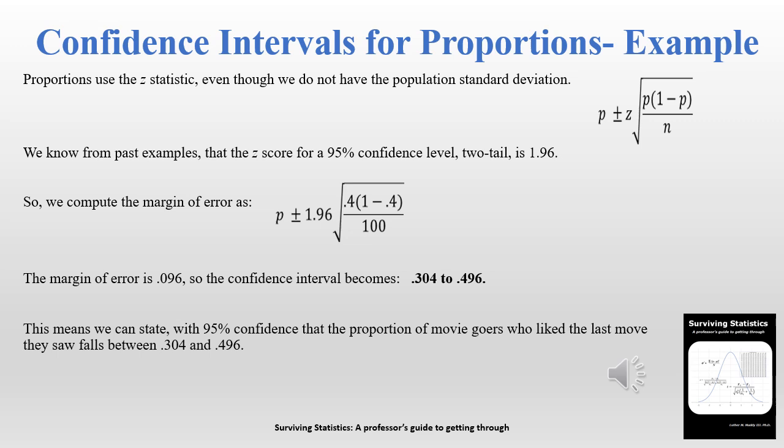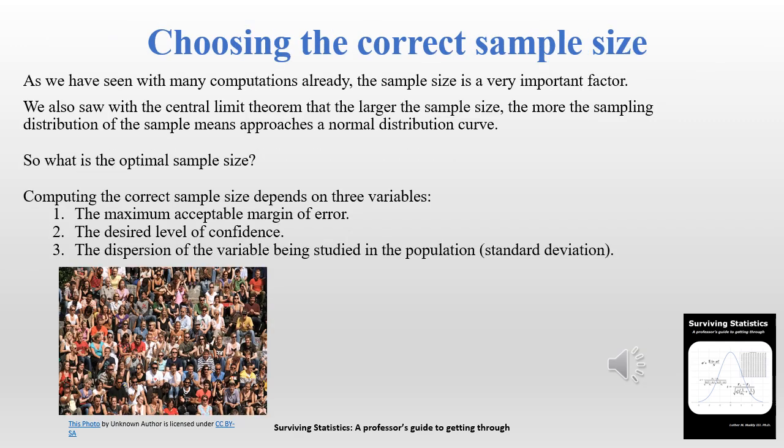So we add that to and subtract it from our 0.4 sample proportion, and we end up with a confidence interval of 0.304 to 0.496. So we can be 95% confident that the proportion of moviegoers who like the last movie they saw falls somewhere between 0.304 and 0.496.